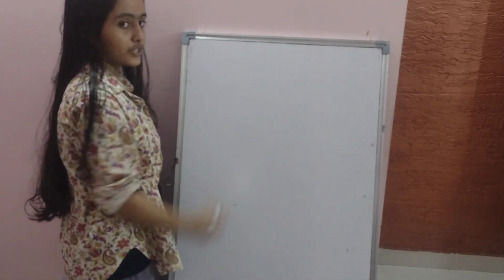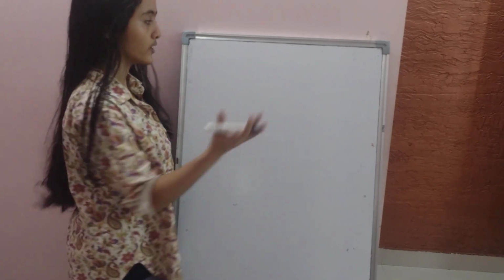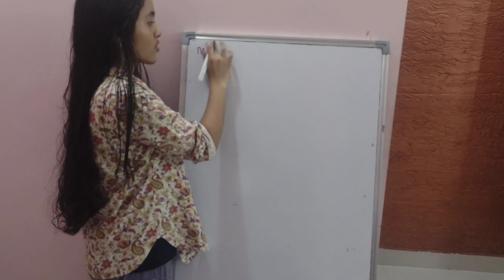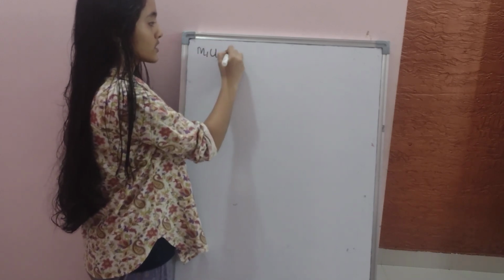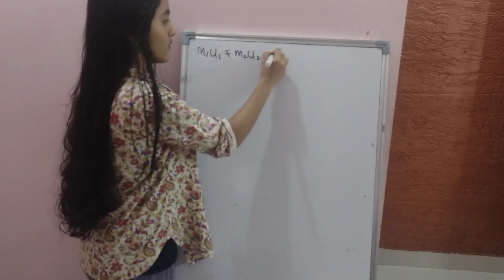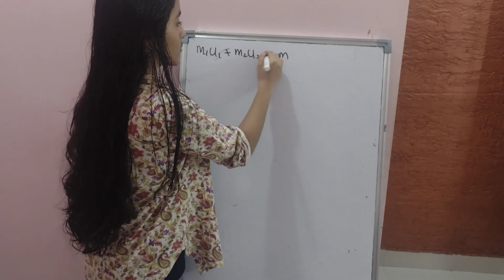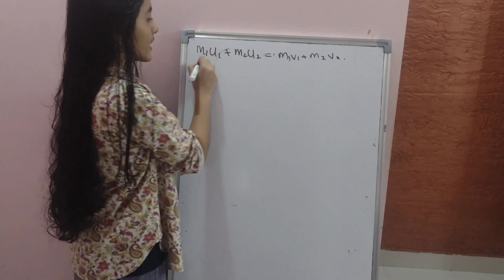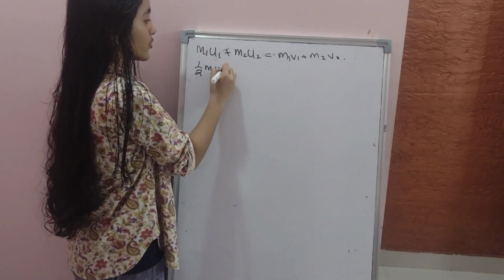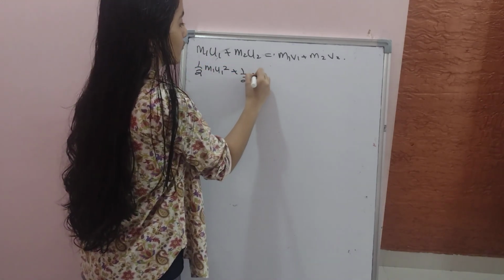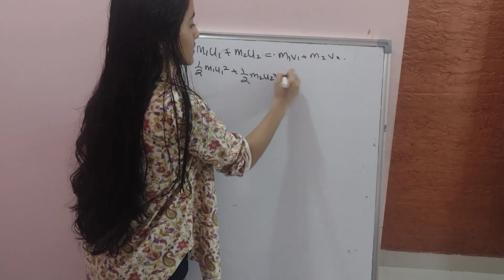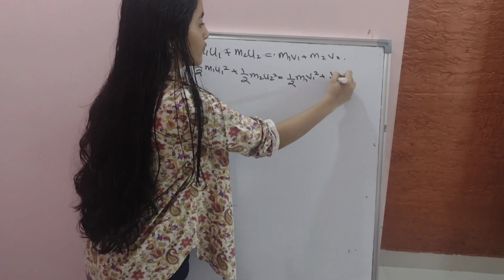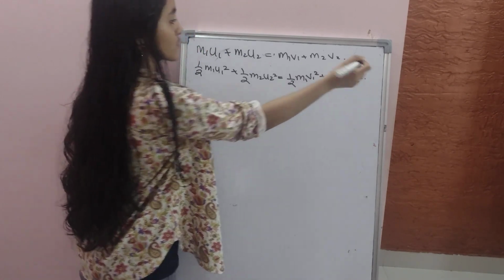It's actually a long derivation method. We can do it if you want, but actually it's not needed, because all we have to do is solve the momentum conservation equation, m1 u1 plus m2 u2 is equal to m1 v1 plus m2 v2, and the kinetic energy equation, half m1 u1 square plus half m2 u2 square is equal to half m1 v1 square plus half m2 v2 square.